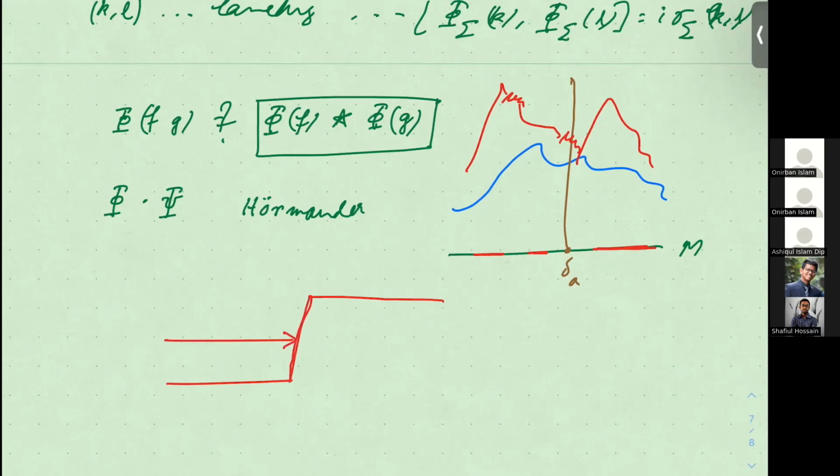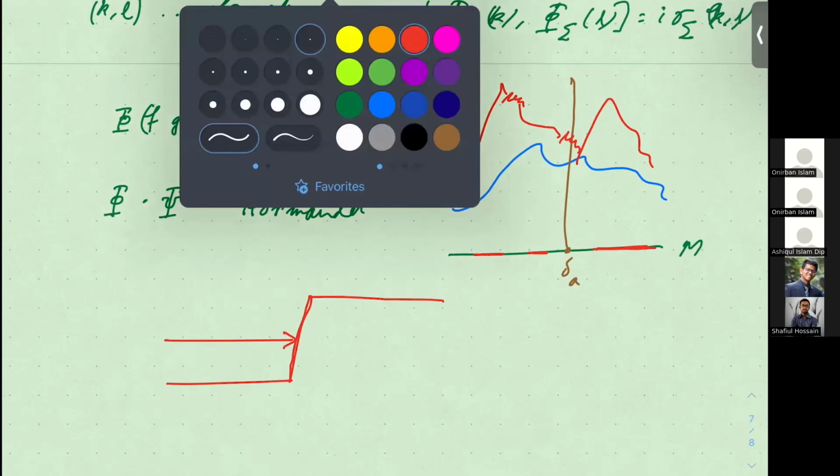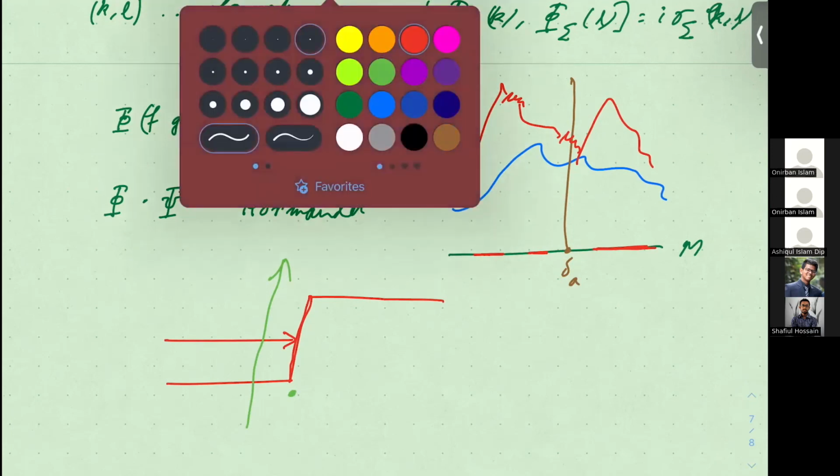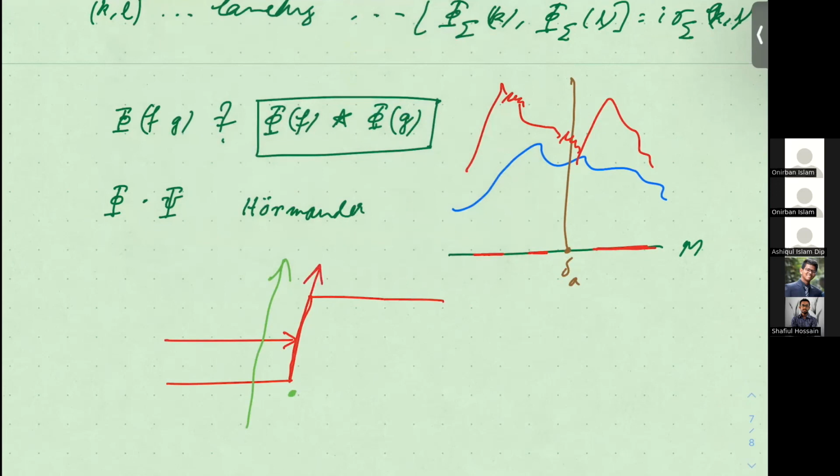But if you move in this direction, you will never see any abrupt change. So Hormander says you have to say which point is irregular and in which direction. So point plus direction: two data are needed.